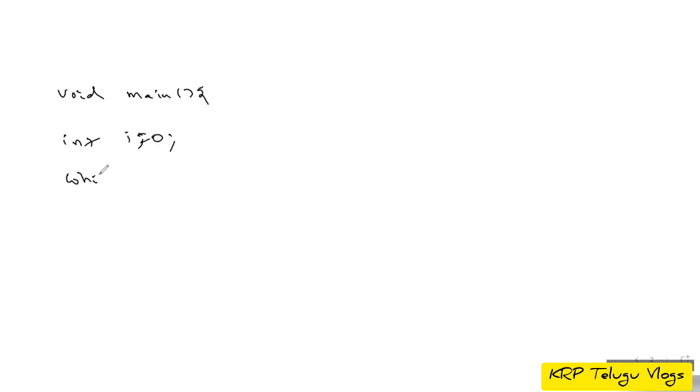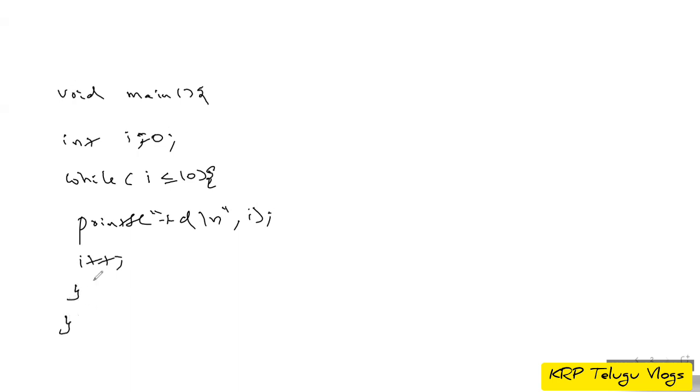While i less than or equal to 10, printf percentage d new line comma i plus plus. So this is how we can write it in a while loop.